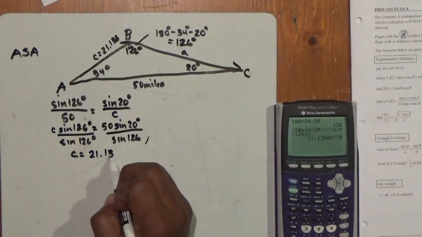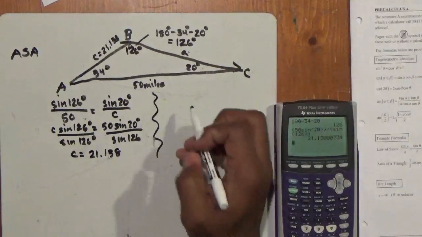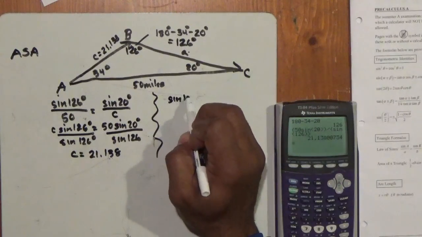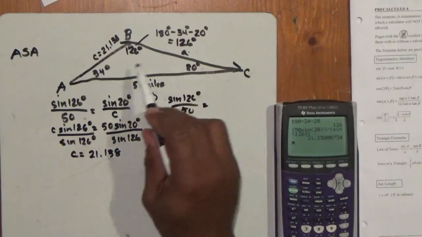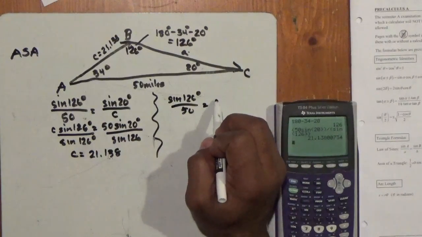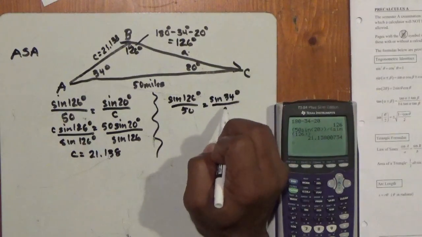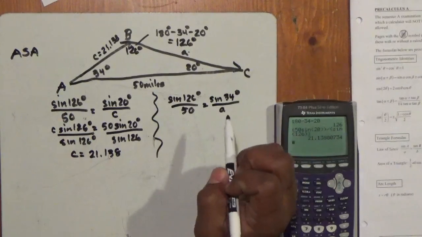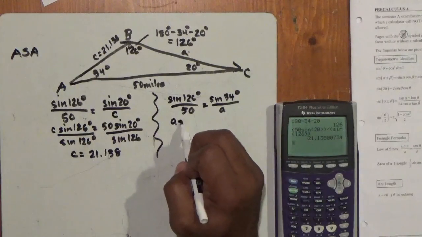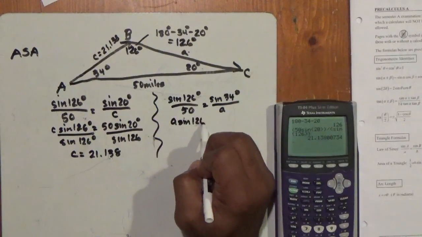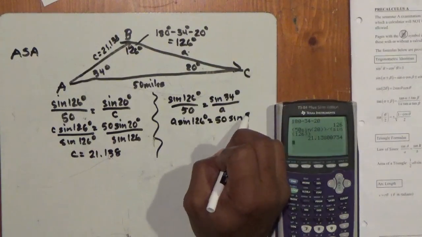We have to do the same thing again with a different angle. To find A, we're going to go sine 126 over 50 is equal to, opposite of side A is the angle 34. So we got sine 34 degrees over A. Cross multiply, we get A sine 126 is equal to 50 sine 34.